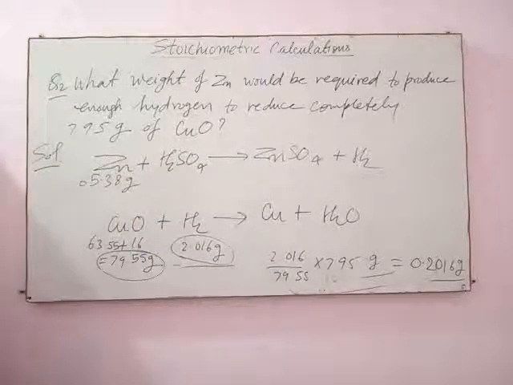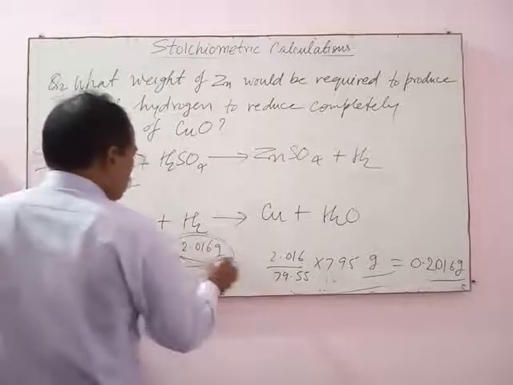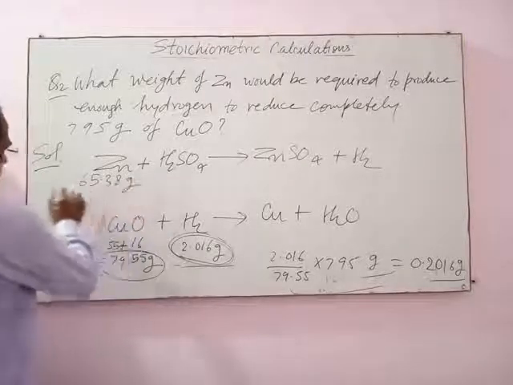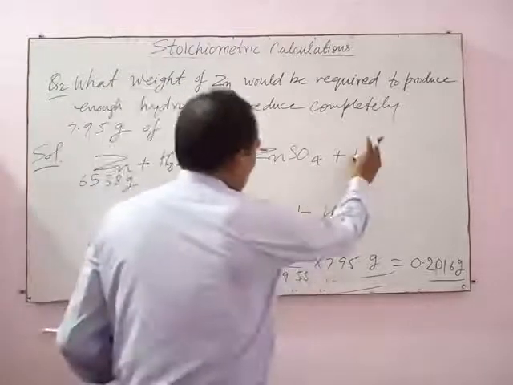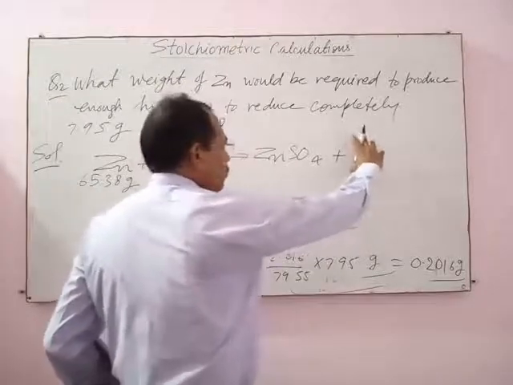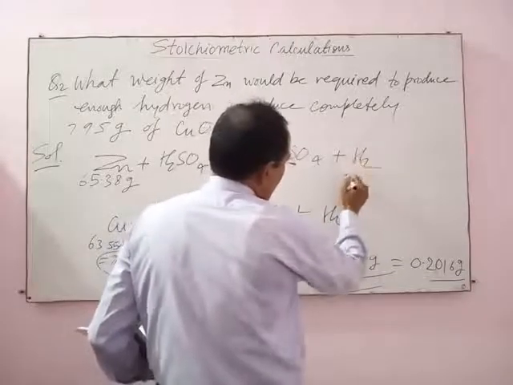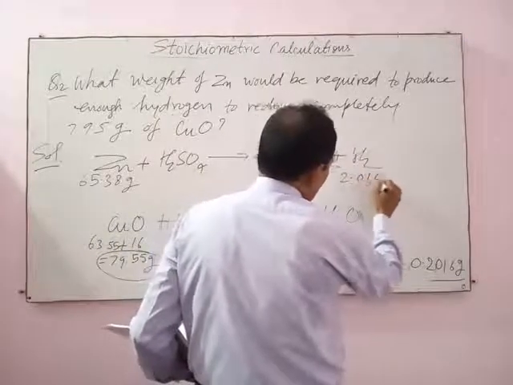Now, this amount of hydrogen is produced by how many grams of zinc? With the help of this equation, only one molecule of hydrogen gas is given, and mass of hydrogen is 2.016 grams.